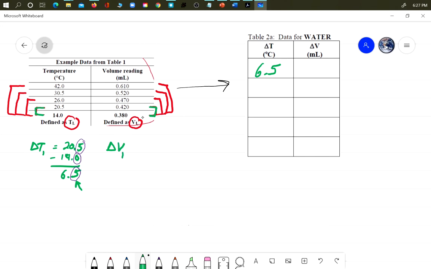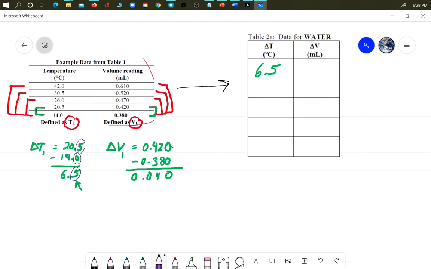Delta V1 will be the difference in these 2 corresponding volume readings. And so that is going to be 0.420 minus 0.380, 40. And let's look at significant figures there.